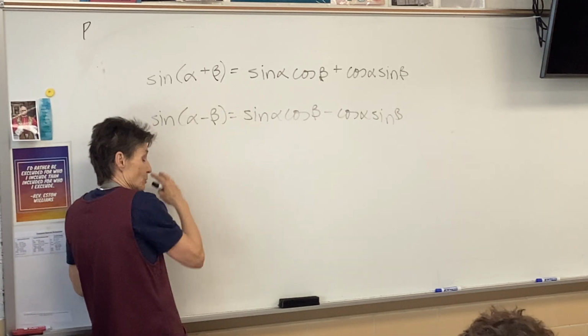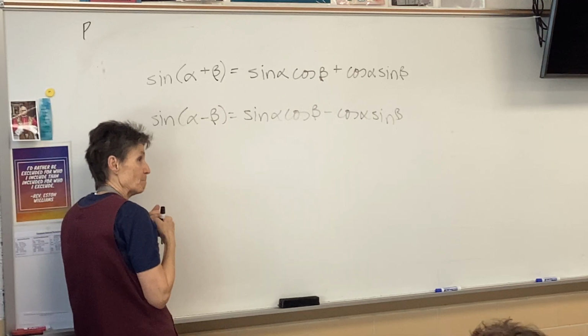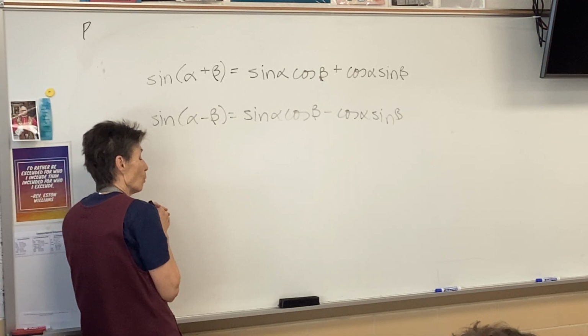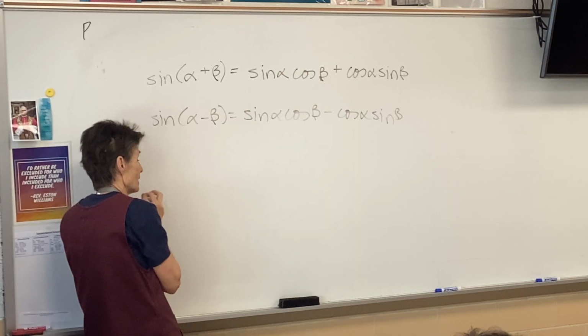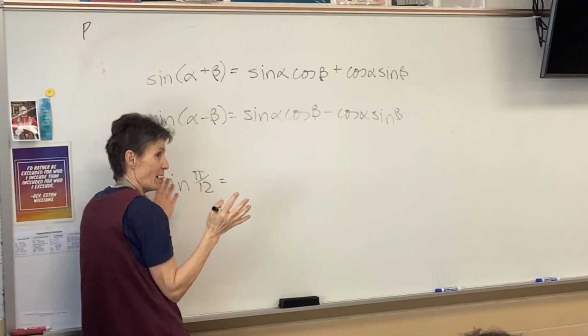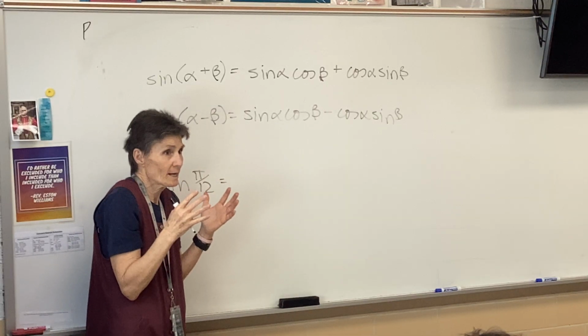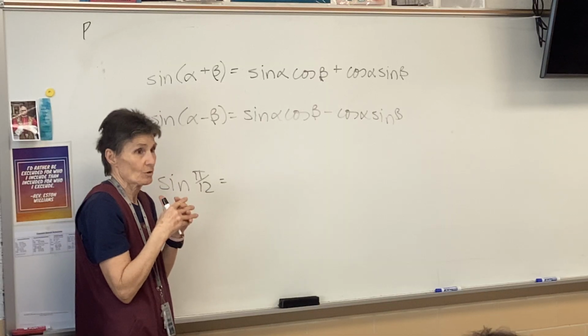This allows you to deal with angles you haven't been able to deal with until this point. Think about this for a minute. What if I asked you to find the sine of pi over 12? You can't do pi over 12. It's not on your circle, right? What is on your circle?